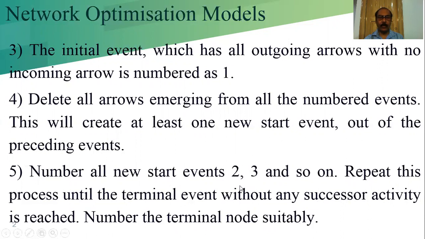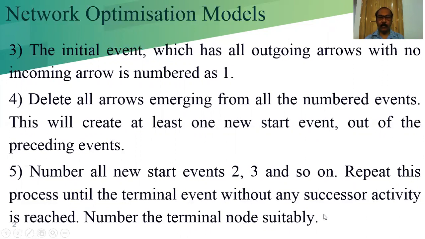That means we number the events by following these rules until we reach the end event, which has no successor activity. After that event, no successor activity should be present.